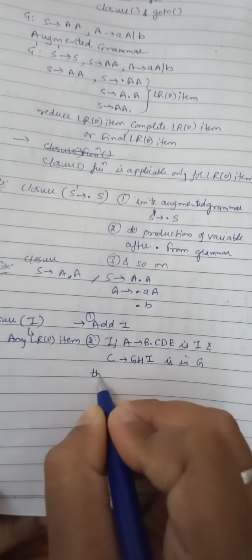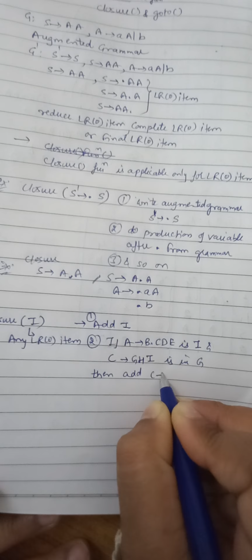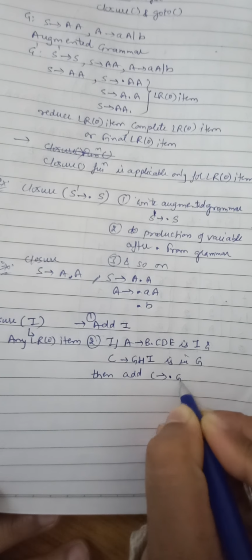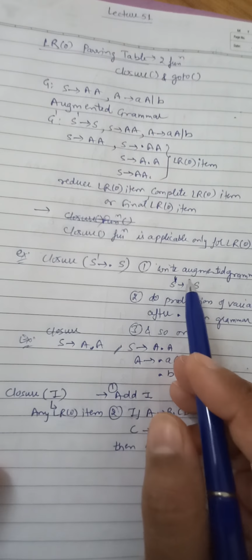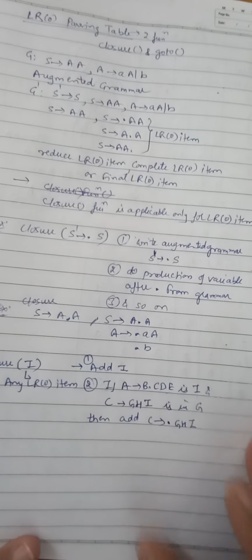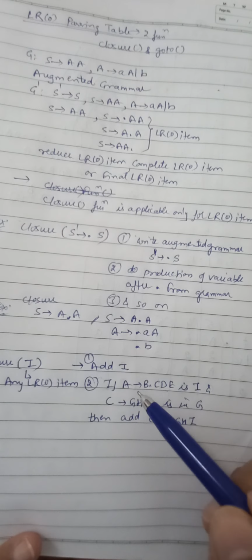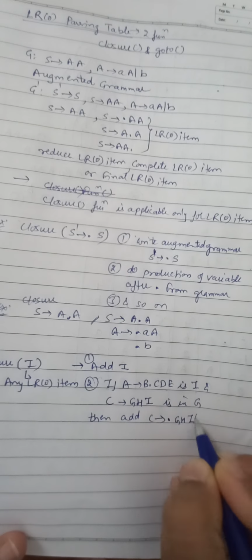Then we add C tends to dot G H I to the closure of I. We put the dot in a similar way as we have done here.